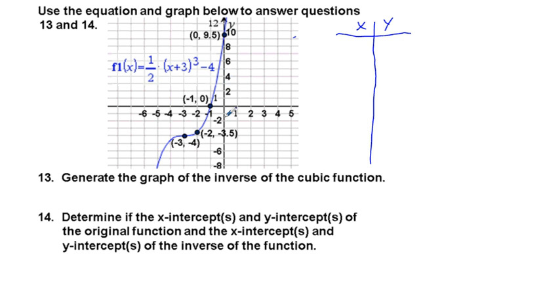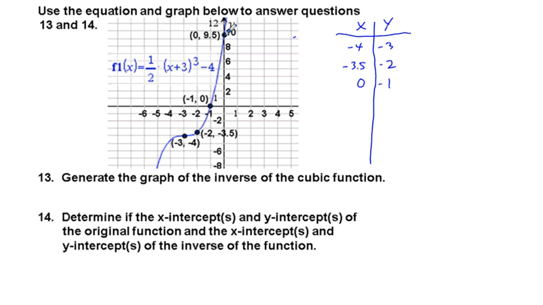We're going to take this point down here below -3, comma -4, and make that -4, -3. We're going to take this point -2, comma -3.5 and make that -3.5, comma -2. We're going to take this x-intercept here of -1, comma 0 and make that the y-intercept of 0, comma -1.